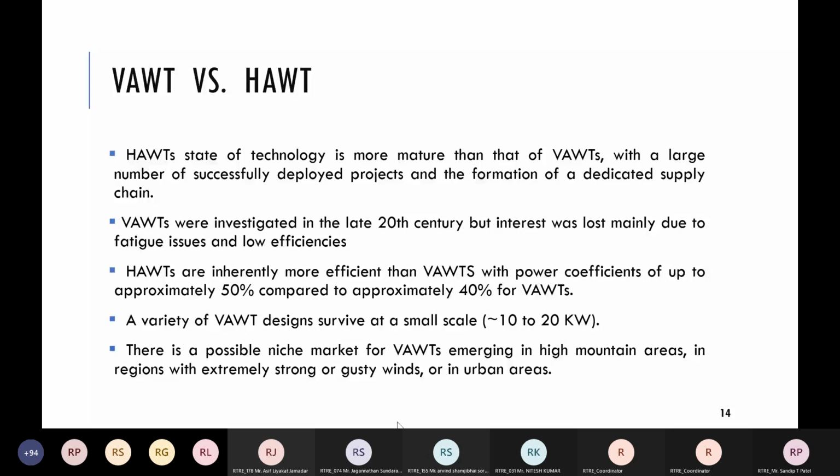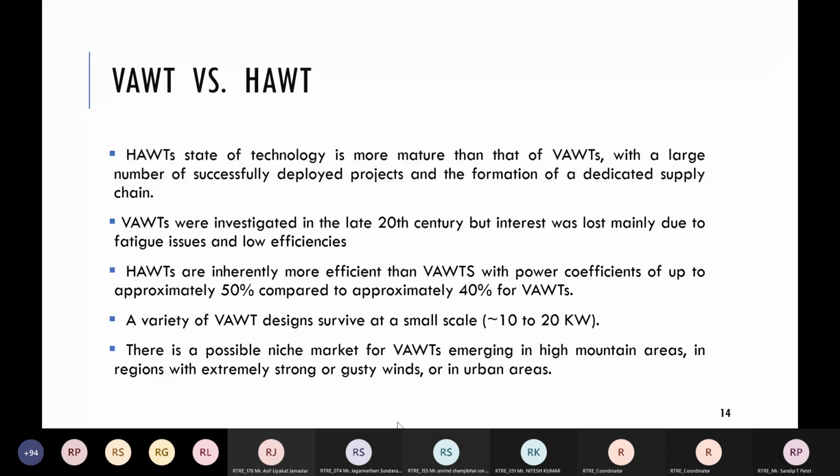Now, in the 1990s, Sandia Laboratory in the USA started researching the vertical axis wind turbine.